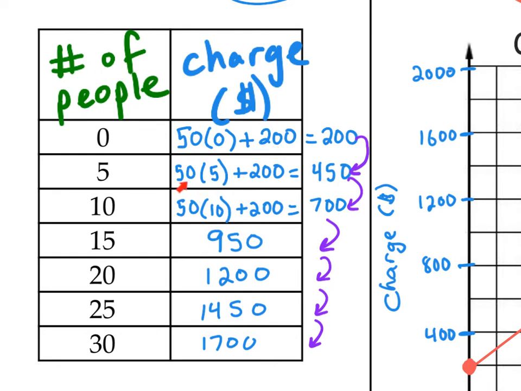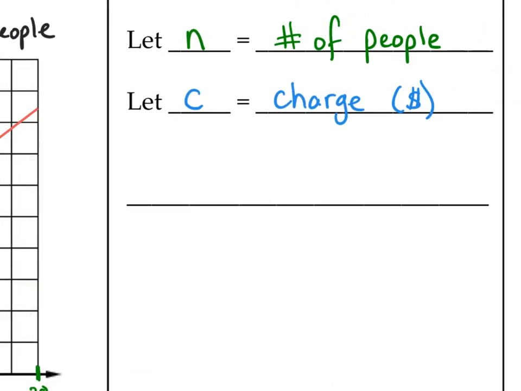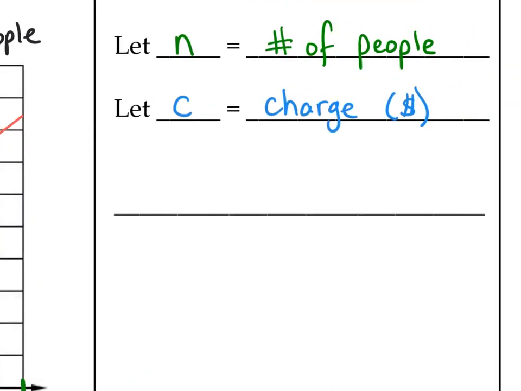So it's the rate of change times the number of people plus the initial value. So to get the equation, it is the rate of change, which is $50, times the number of people plus the initial value.